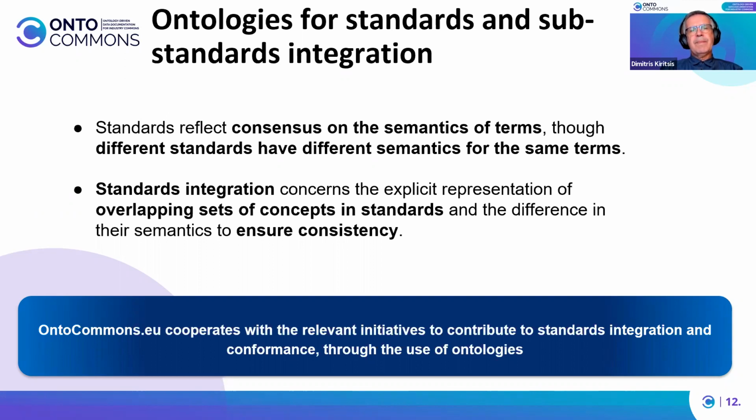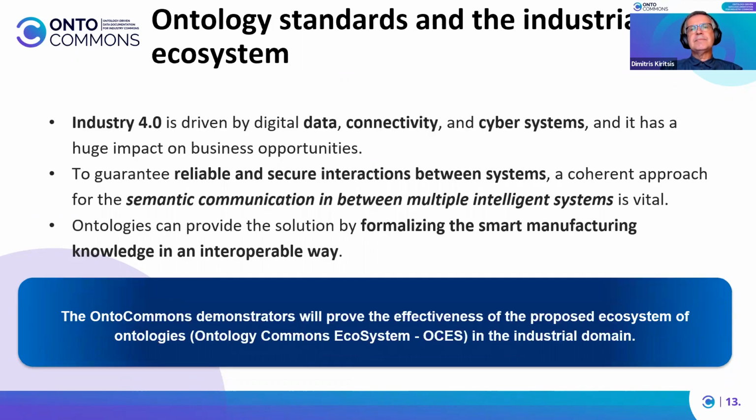And also there are many standards where you see overlaps, or even in some domains, many standards to express the same thing. So we believe that ontologies can help to harmonize these overlaps and integrate standards. So in the end, we will have consistency in our operations. Next slide, please, Rita.